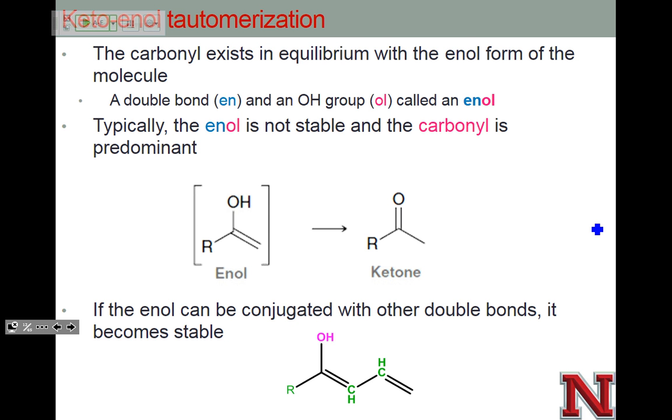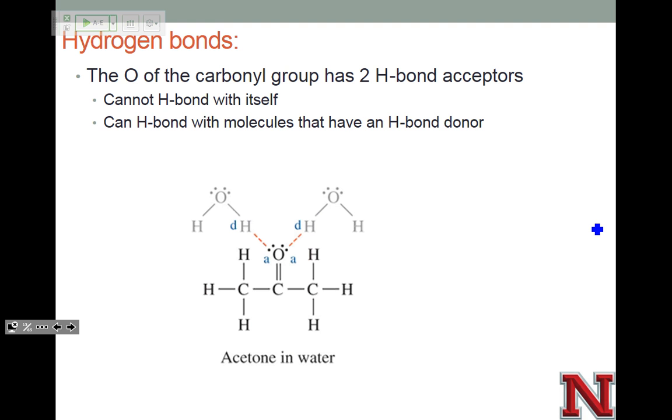So we clearly see that phenol exists, and that's technically an enol, even though we don't really consider it an enol because of the benzene ring. But technically, it's an alcohol directly attached to the double bond. So based on that definition, phenol is an enol. But of course, it always exists as phenol because that's a more stable double bond. So the double bond can exist, but what we typically see is the ketone.